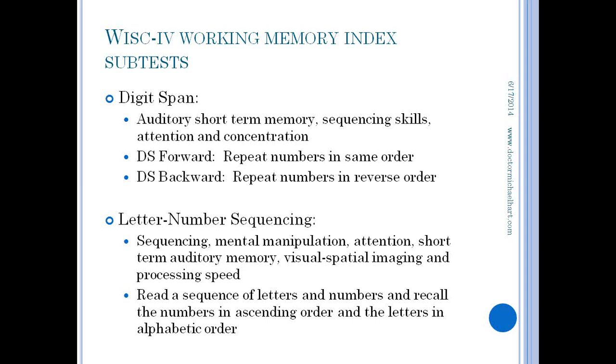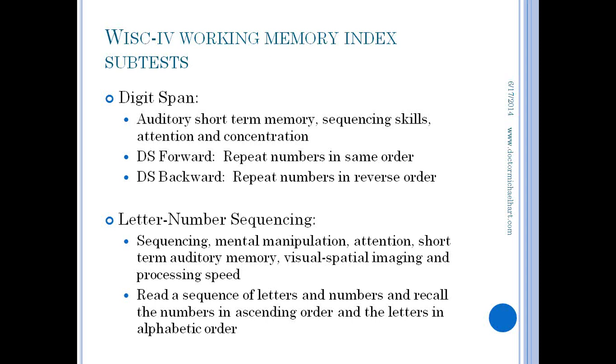Now, letter number sequencing is a new test for the WISC IV. It's really quite complex and requires a lot of skills on the part of the person who's taking the test. So there's sequencing, mental manipulation, attention, again, they say short-term auditory memory, I really call it working memory, visual spatial imaging, and processing speed.